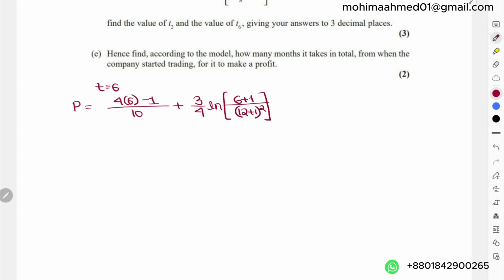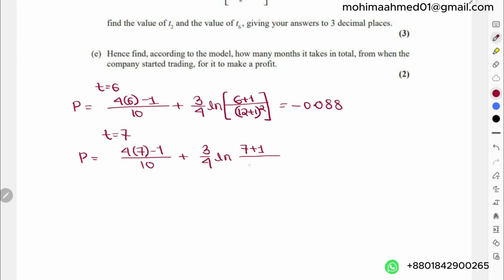If you calculate this, you are going to get a value of negative 0.087, so we're going to write negative 0.088. And again, if I insert T equal to 7 into this, it becomes 4 times 6 over 10 plus 3 over 4 ln of ((7 plus 1) divided by (2 times 7, which is 14, plus 1, which is 15) whole squared).